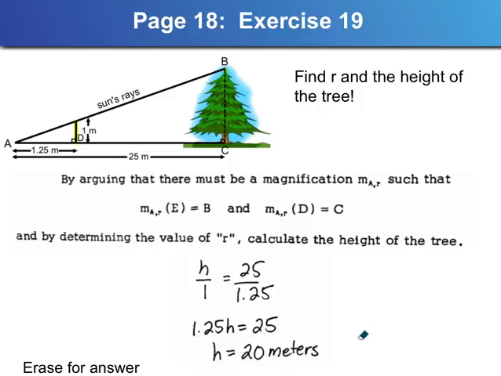And I don't have the scale factor written here, but I can figure out the scale factor by taking 25 and dividing it by 1.25, and that scale factor is 20. Yes, 20.